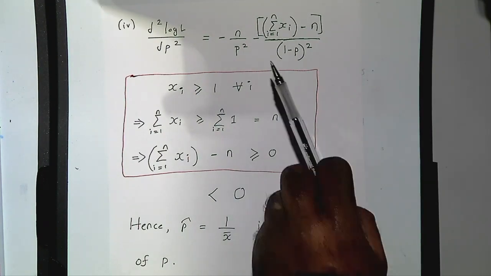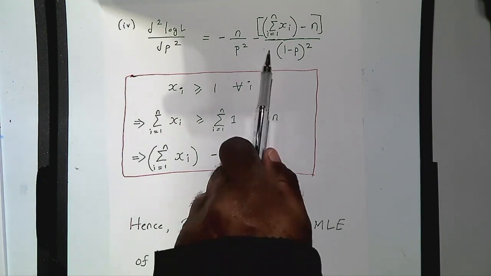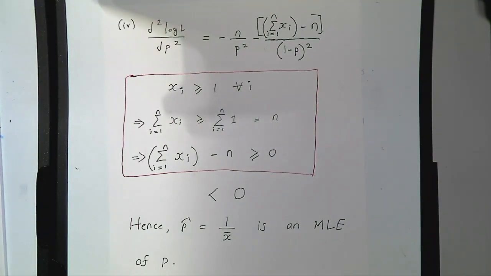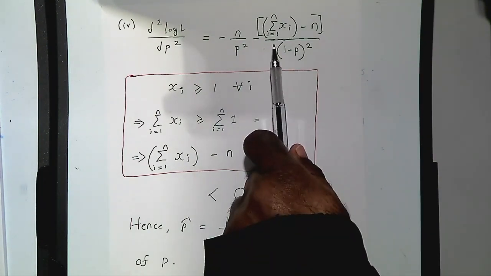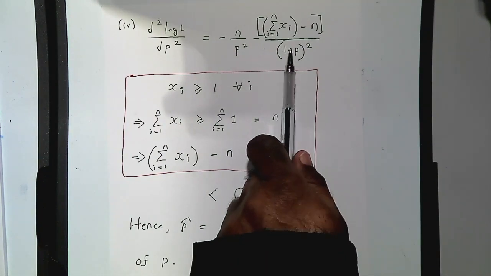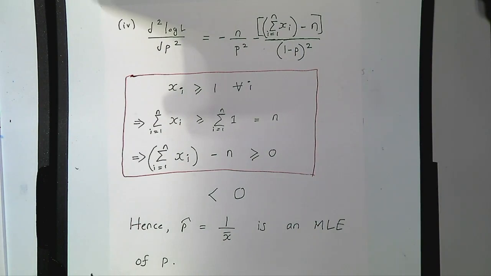I think this is correct, because when you differentiate this with respect to p, you get a minus minus, which is plus. So you have to keep the negative sign. Just think about it. I think this minus is correct. If somebody doubts it, you can talk to me after the class. All right.